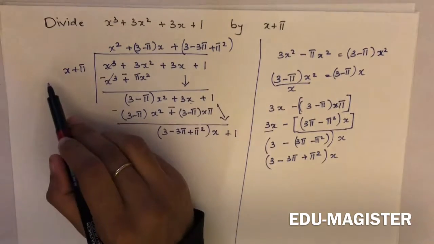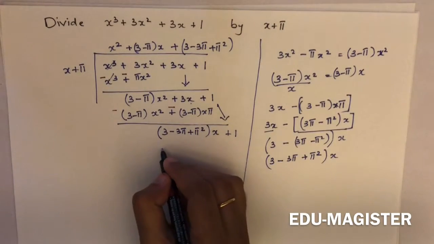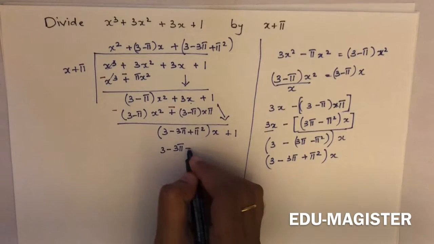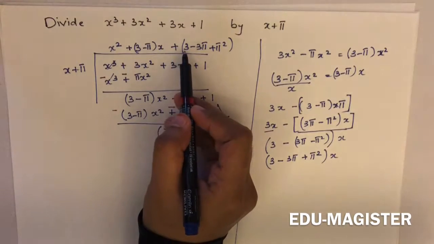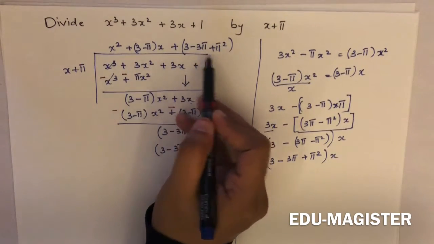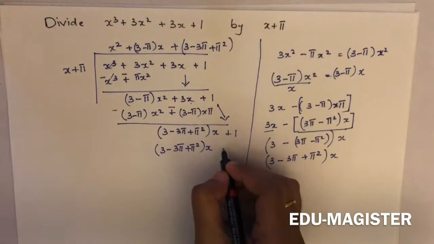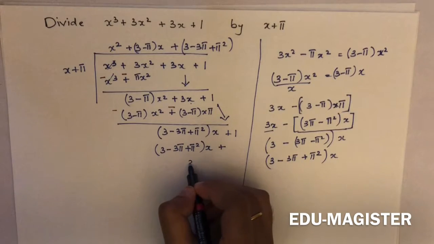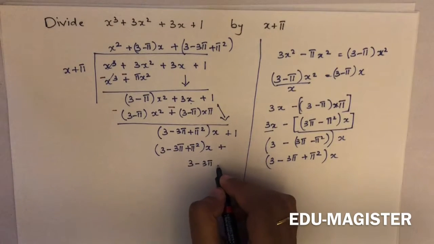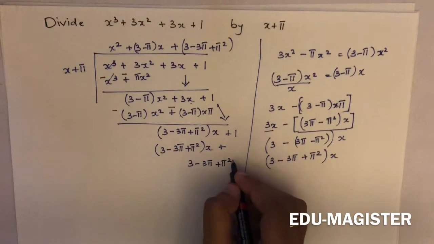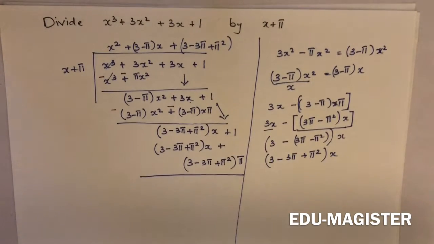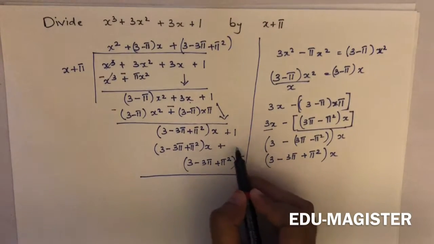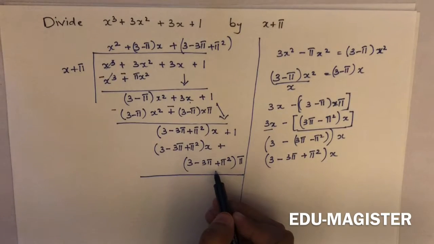Now let's multiply it back. 3 minus 3 pi plus pi square x. Then this whole expression multiplied with pi. So plus 3 minus 3 pi plus pi square multiplied with pi. I hope it's not confusing. Since I didn't have space here to write, I just wrote it down here.